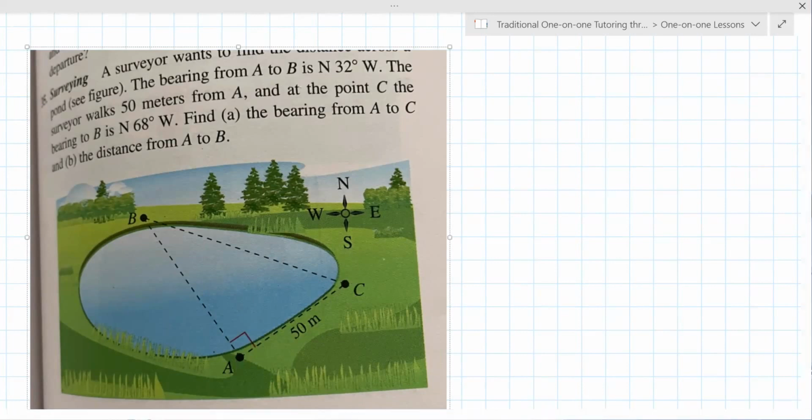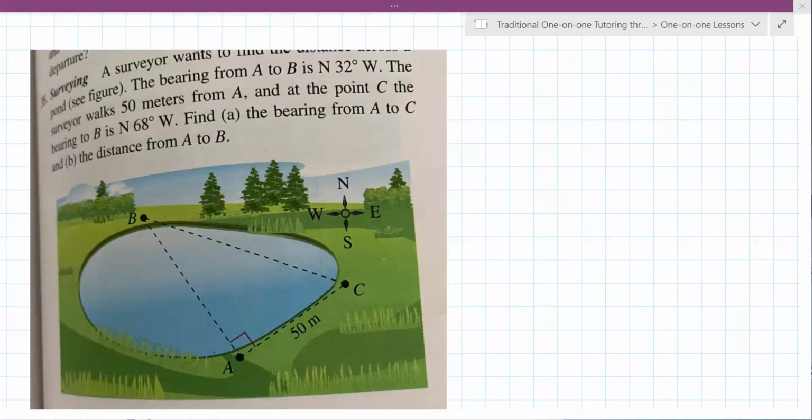So let me just do a quick Google search to see what that actually means, because I don't remember. What's not clear is which angle it is, because it affects the calculation.